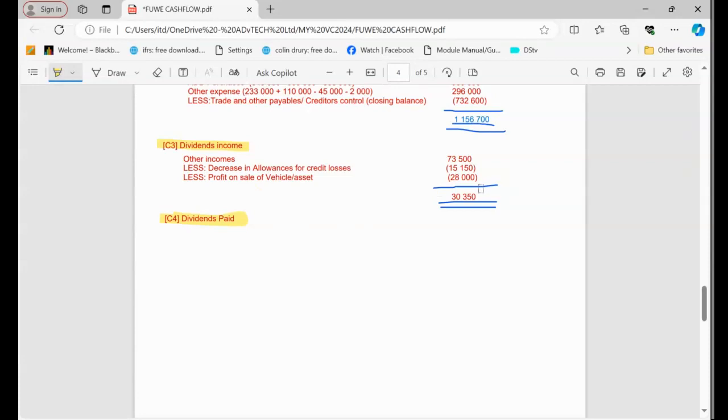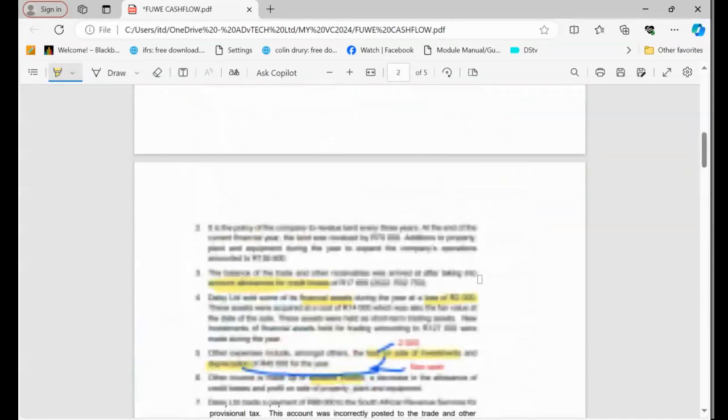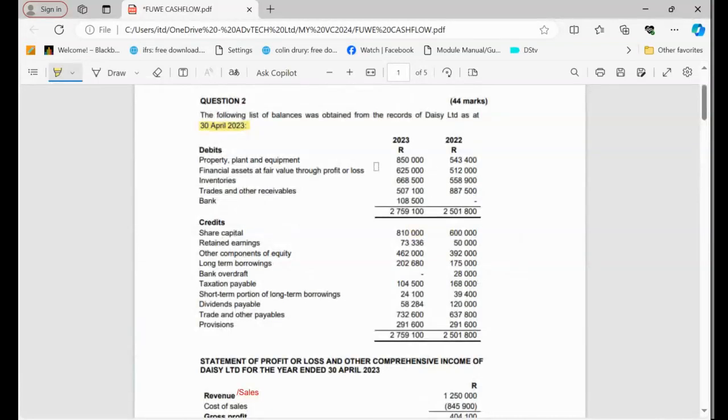We must go and check any dividends that were owed last year and the dividends that are owed at the end of this year. Okay, let's go up there and check the dividends at the beginning. Anything to do with the dividends? Let's see. Can you see here the dividends payable?